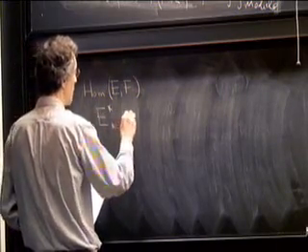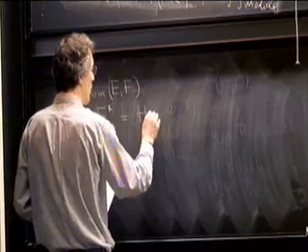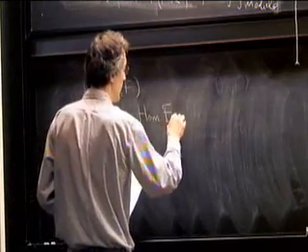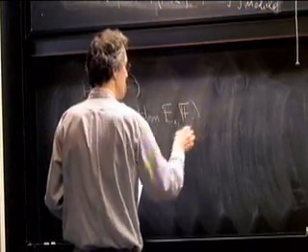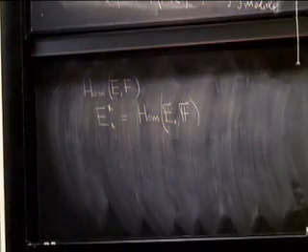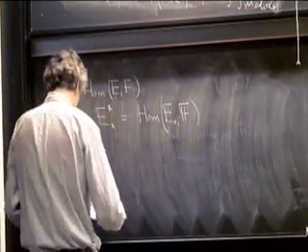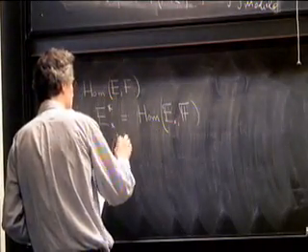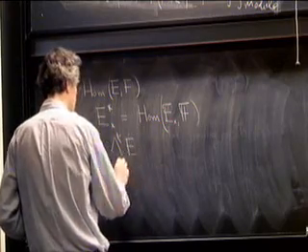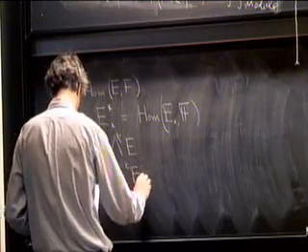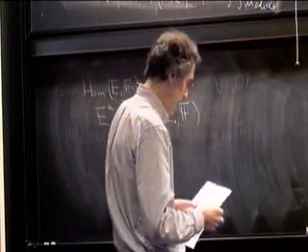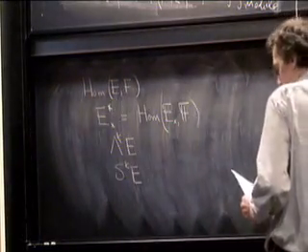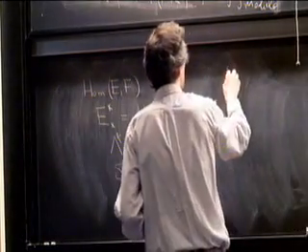The fibers of E dual are Hom of E_x into F. We can talk about anti-symmetric tensor products, symmetric tensor products, and so on. We can also talk about subbundles.